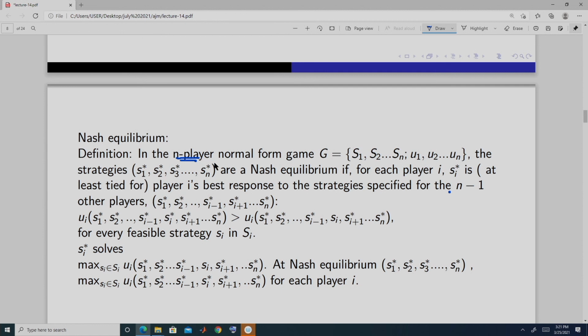So, here if you look at these strategies, these are the strategies of all other players except for player i. Now, if all others are playing this, then player i should play this strategy.